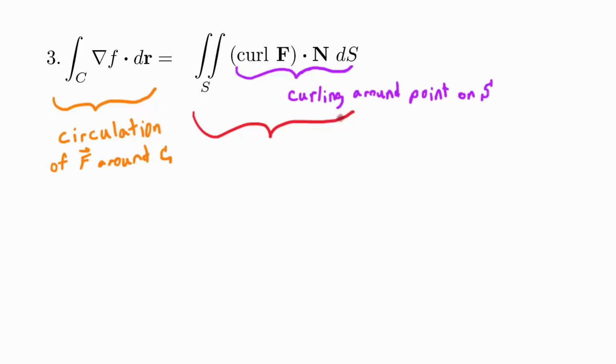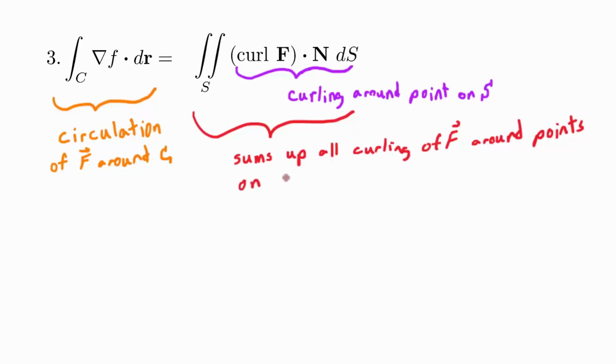It adds up all the curling on the surface of S. So I'll say it this way. Everything on this right-hand side sums up all the curling of F around points on S. And then Stokes' theorem says these two things are equal.